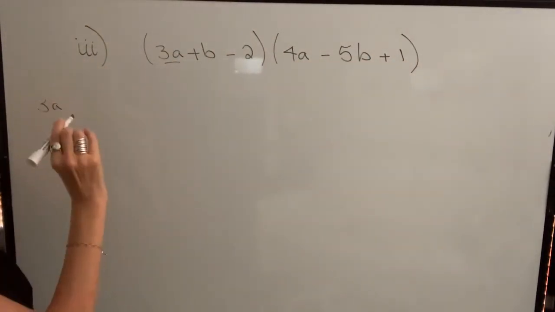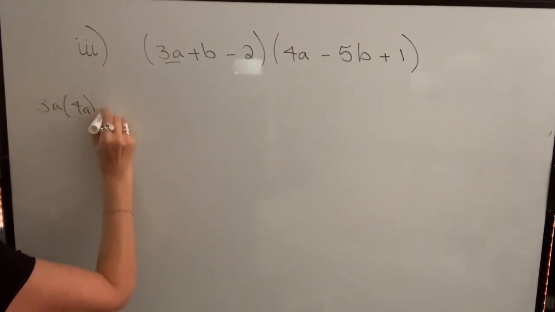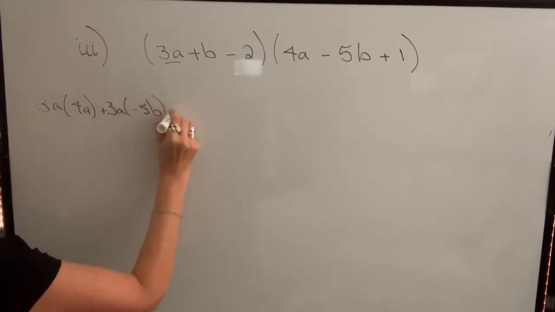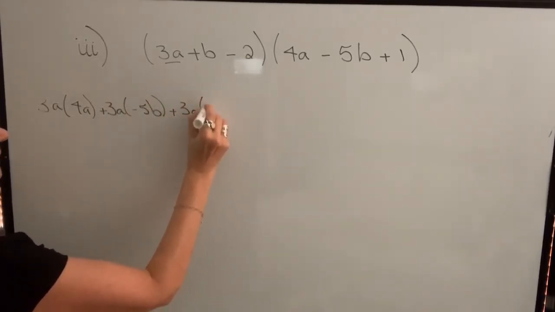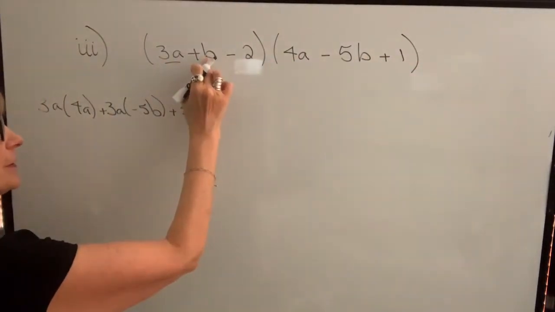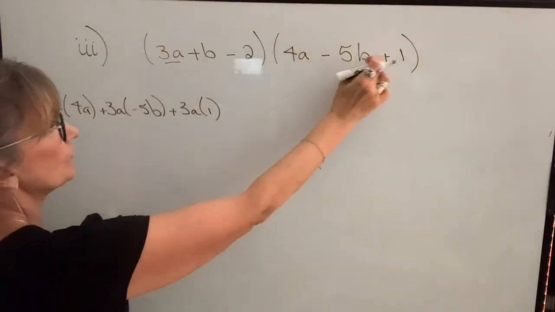I'm going to need a lot of room for this example. So I multiplied to each of these. Then I take the second term in the first polynomial, b, and I multiply that to each of these terms.